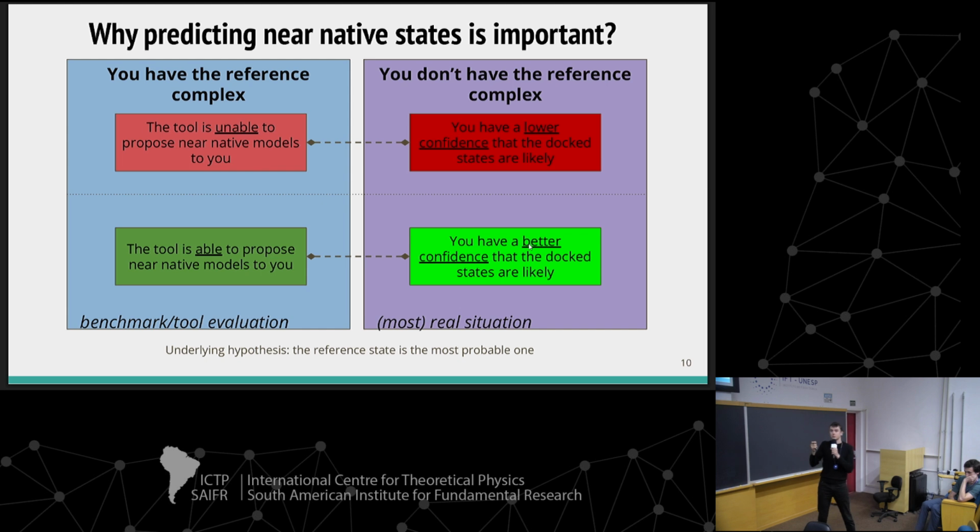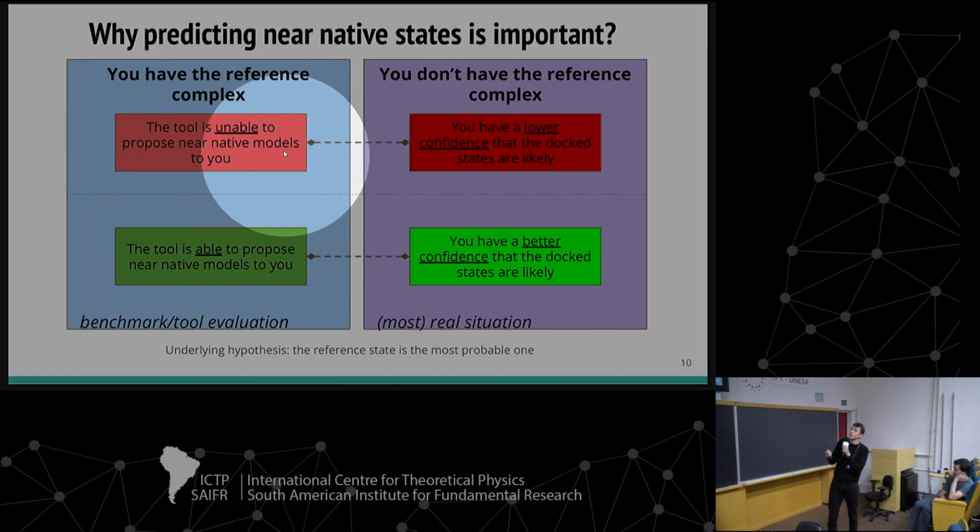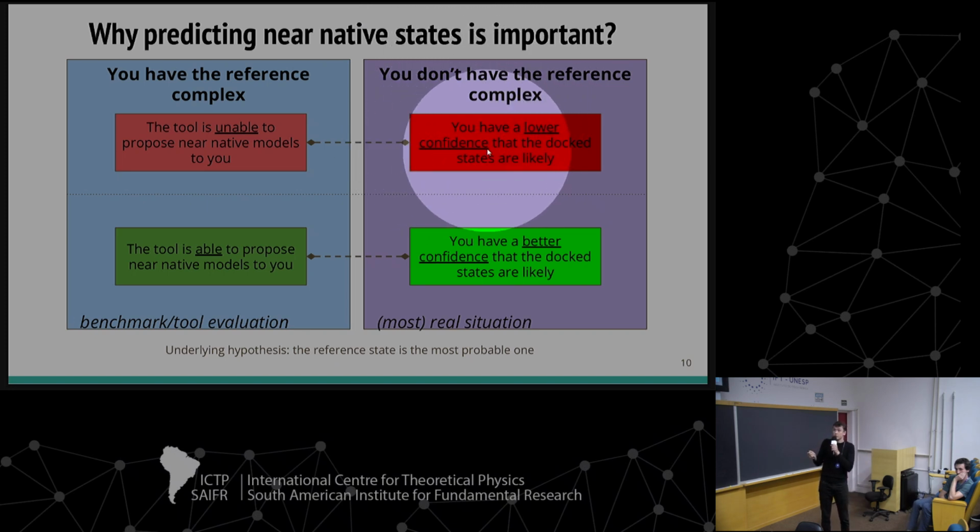So let's see two situations. When you have the reference complex and you test a docking tool, it's not able to propose near-native states to you. So it doesn't provide useful conformations. Then, when you don't have the reference complex, in most situations, actually, you are in the blind. You're trying to predict something, so you don't have the answer.